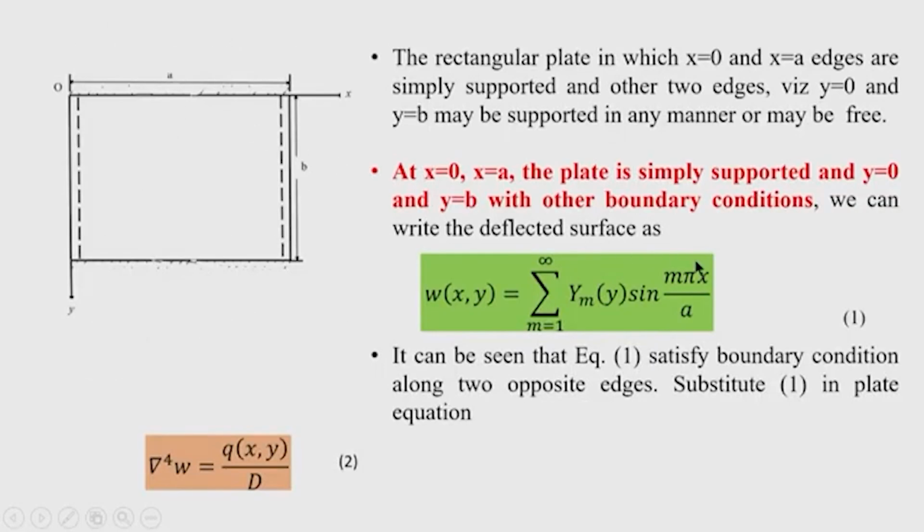So, the function w(x, y) equal to Y_m(y) sin m pi x by a is the proposed solution of the differential equation, because it satisfies the boundary conditions on 2 opposite edges completely. If it is a possible solution of the differential equation, then it must satisfy the differential equation also.